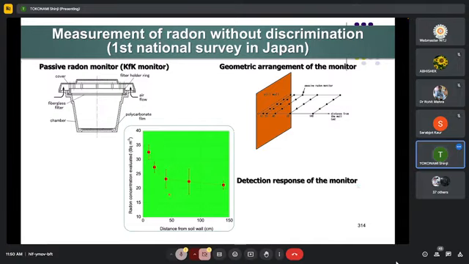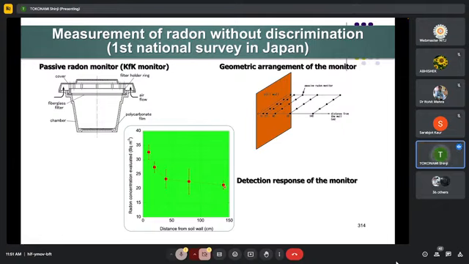See? Here is the distance from the soil wall and the radon concentration evaluated. The radon concentration close to the wall is higher than that at the center of the room. This is the reason why the radon concentration in the first survey is higher than expected.